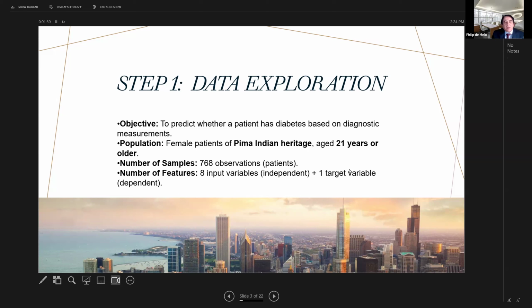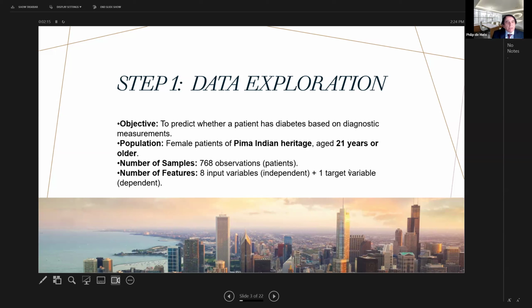So first of all, you have to explore what the data are, and what the data sets are. The objective is to predict whether a patient has diabetes based on diagnostic measurements, or doesn't have diabetes. And we take the data from India.